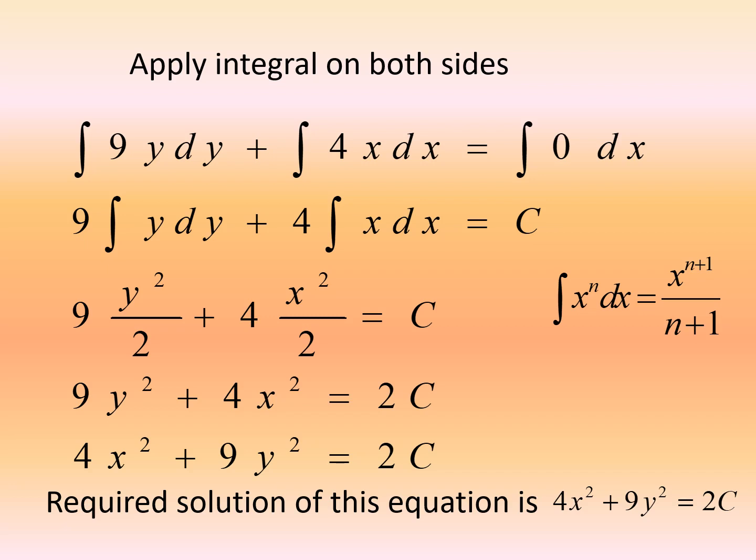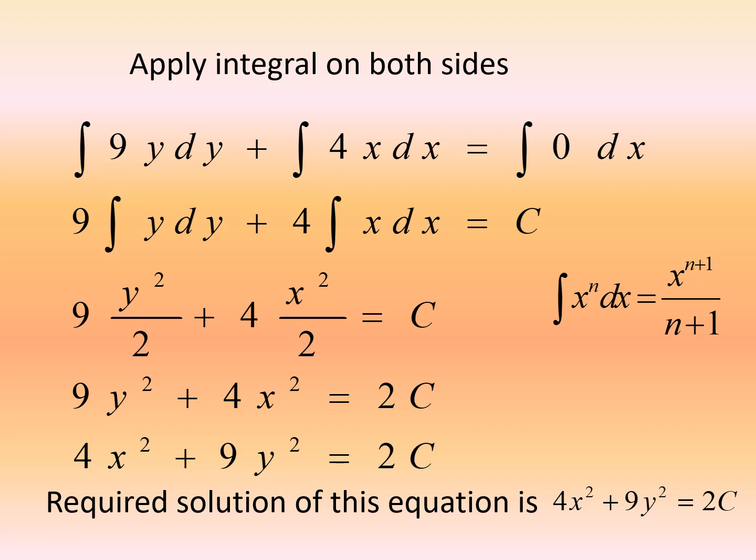Move on to the next line. 9 is constant, so take it outside the integral. 9 into integral y dy plus 4 is a constant, so take outside, 4 into integral x into dx equals integral of any constant term becomes c.